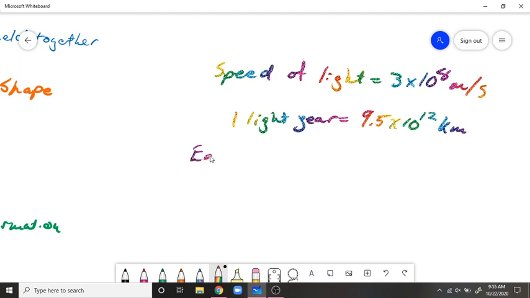The distance from the Earth to the Sun is pretty close. It takes 8.3 light minutes. So if our sun were to blink out of existence, it would take us 8.3 minutes before we realized anything had happened to it.